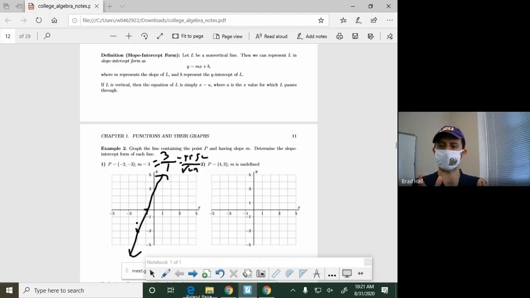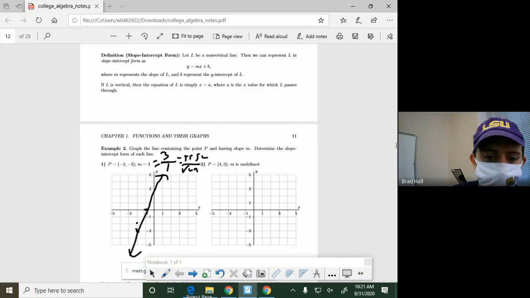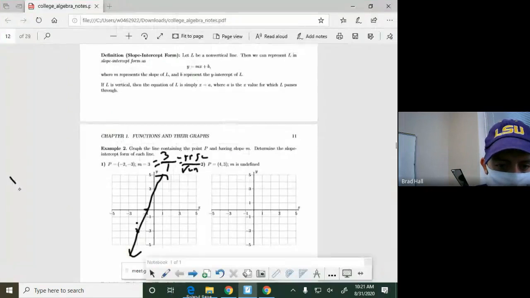And the reason I emphasize that line being perfect is helpful is because you can figure out some characteristics that help you build the equation. Because this problem wants you to determine the slope-intercept form of the line. Well, how do you figure that out? You need the slope. Okay, they gave us the slope for free. And you need the y-intercept, which now that we have the graph, we can just look. So remember, this is y is equal to mx plus b.